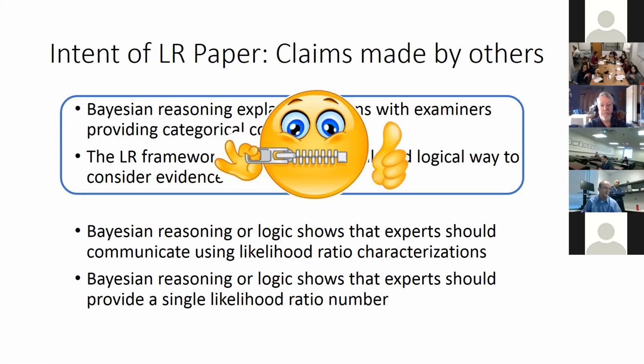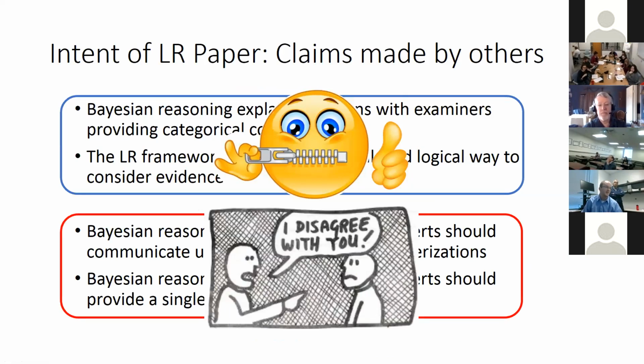Or a subset of the community has even expressed a desire for the forensic expert to characterize their assessments using a single numeric value for the likelihood ratio, as one number. And it's these points that we attempt to disagree with in our paper.